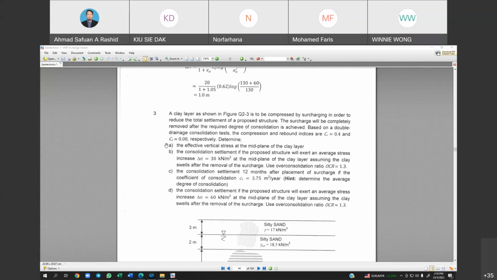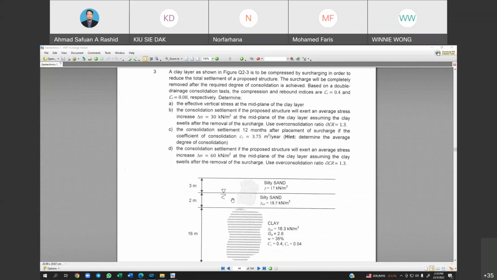We go first for A. Determine the effective vertical stress at the midplane of the clay layer. So I guess all of you know how to determine the effective stress on the clay at the midplane of the clay layer. 3 times 17, 2 times 18.5 minus 10, and then half of 16 will be 8, 8 times 18.3 minus 10.